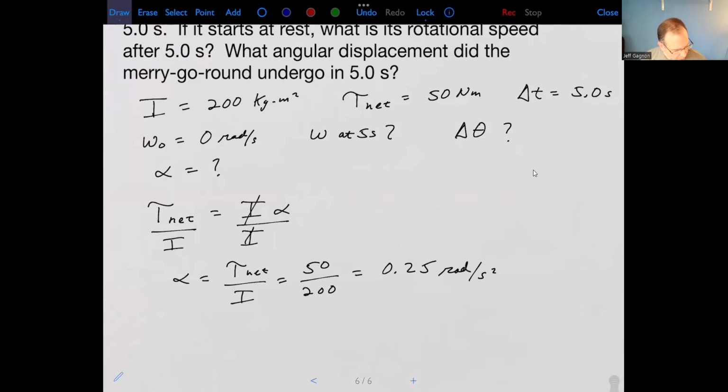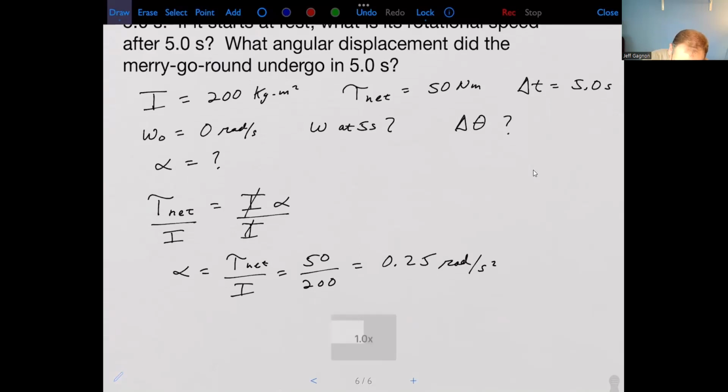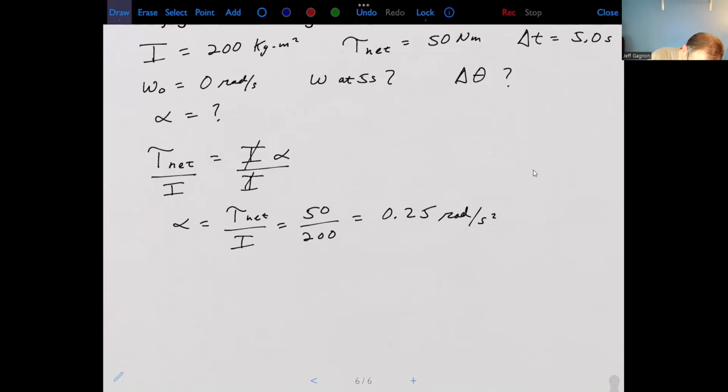Okay, what am I looking for? Well, the first question, I'm looking for the rotational speed, which is rotational velocity after 5 seconds, and it's starting at rest. Well, if I go to my kinematic equations, remember one of them is that omega is equal to omega naught plus alpha times delta t. And that will work, right? So omega naught, it's starting at rest, so that's 0. Alpha we just found was 0.25.